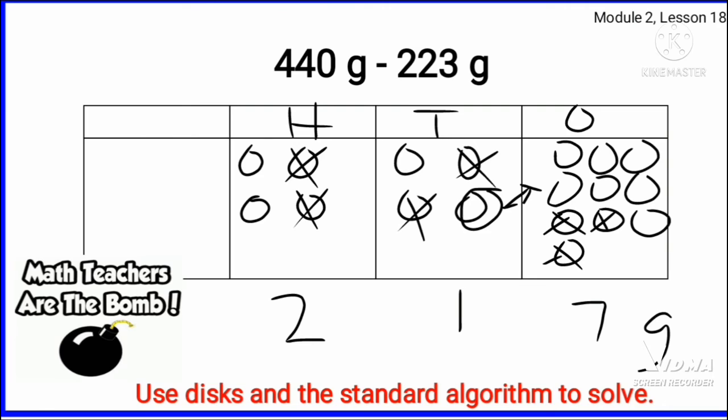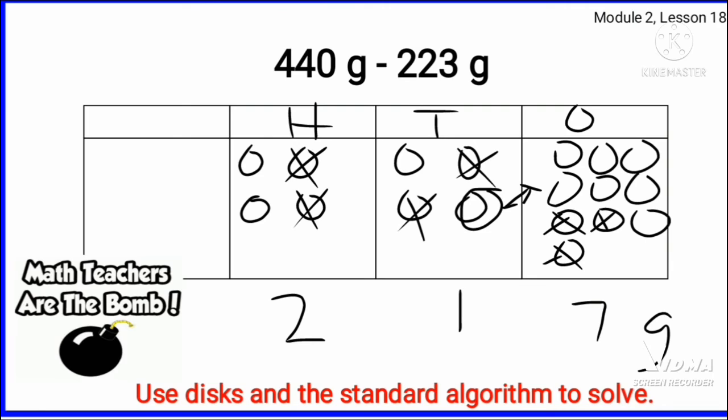Remember that in subtracting, you draw only the larger number, the one you are subtracting from. Then the small number, the one you are taking out, is the one you cross out. That's how you indicate it. Don't forget, you learned that in grade 2.